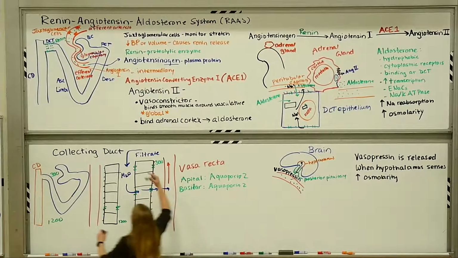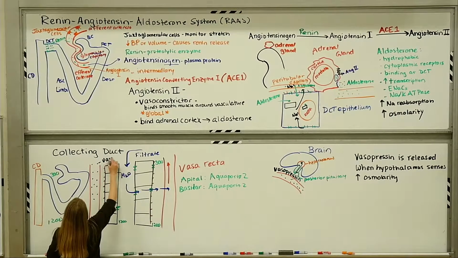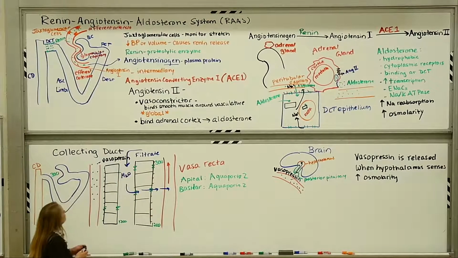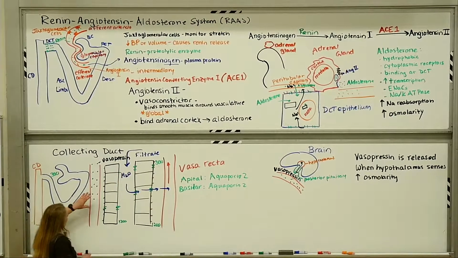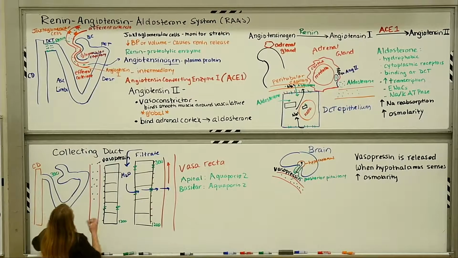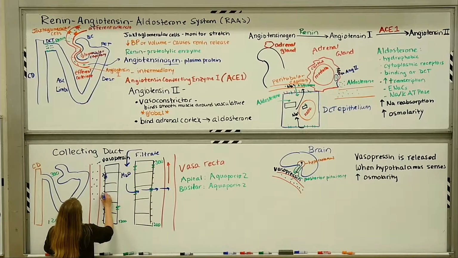Vasopressin went through the whole system, and eventually it ends up getting into the vasa recta. Okay, so that is vasopressin. Vasopressin will move out of the vasa recta into the interstitial space, and then it can bind to GPCRs on the apical side of the collecting duct.